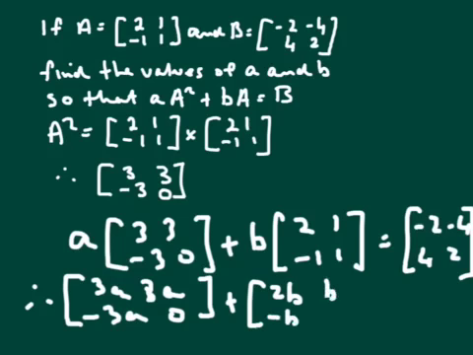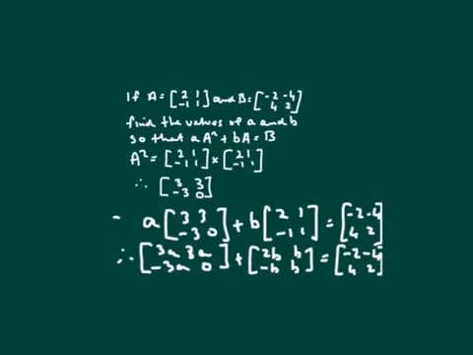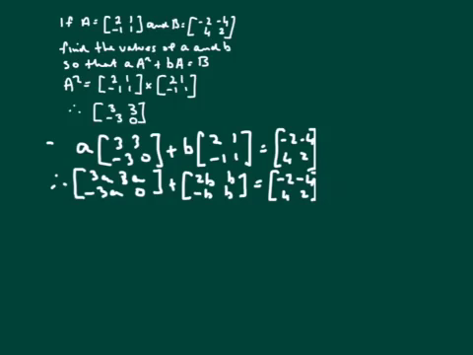Negative B and B there is going to equal negative 2, negative 4, 4 and 2. Okay, let's move some of this upstairs a bit and see what we do.